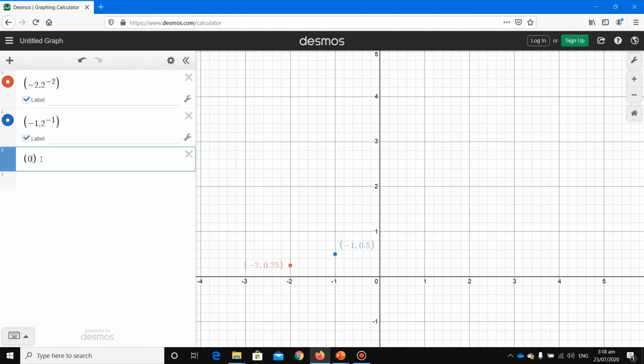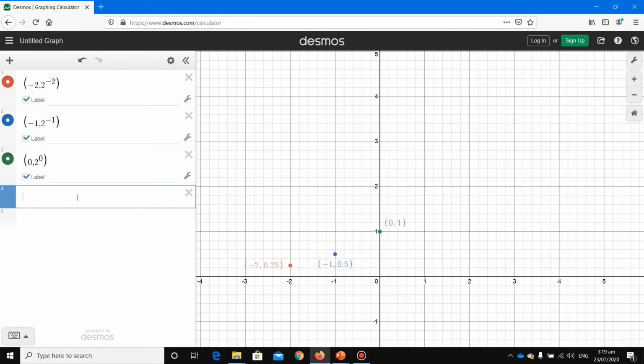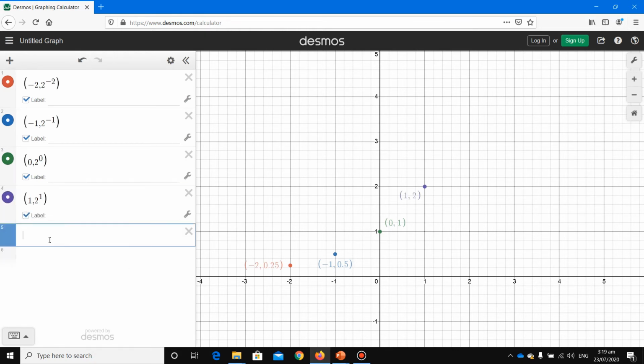Next, if x is equal to 0, so 2 raised to 0 is 1, and that is this point. Next, what if x is equal to 1? That is 2 raised to 1. That is this point. And last, from our example, what if x is equal to 2? That is 2 squared, and that is 4. So that is this point.